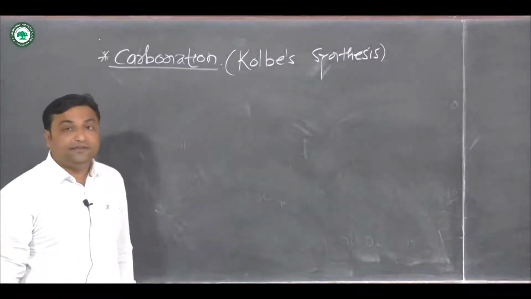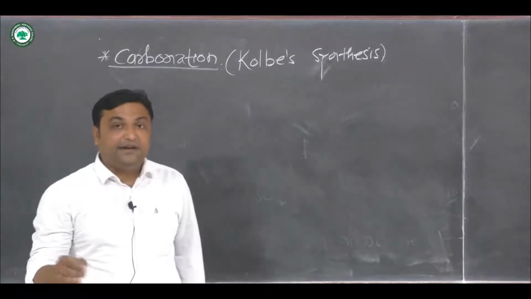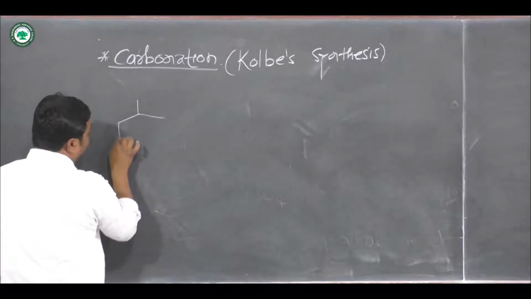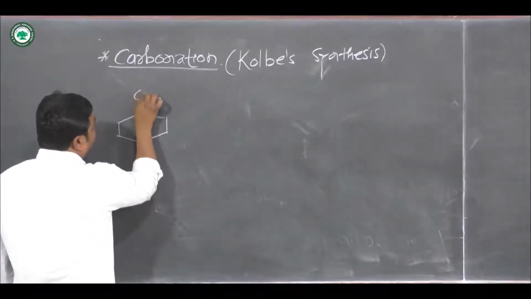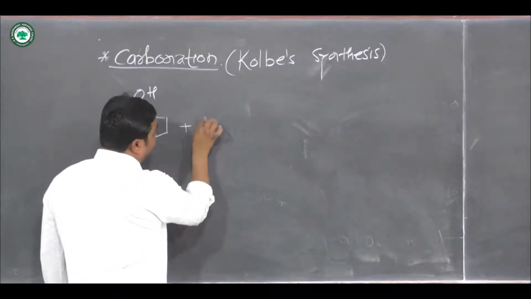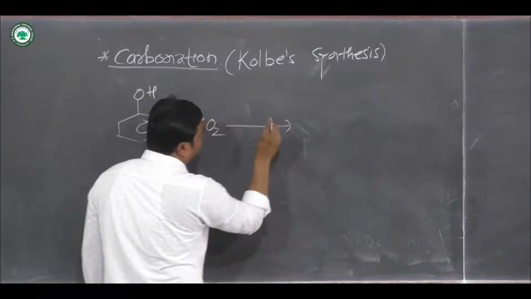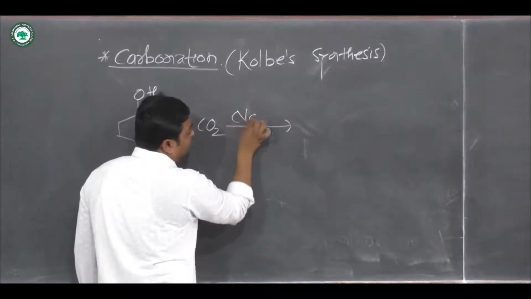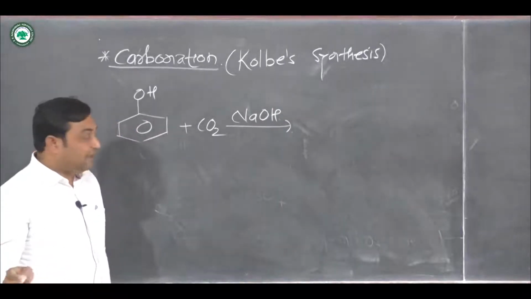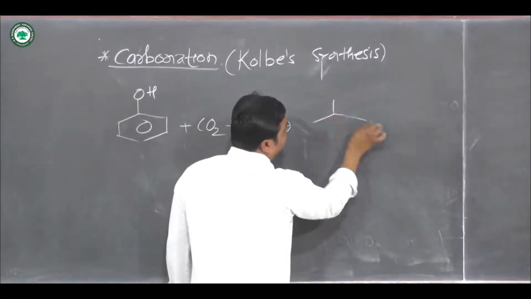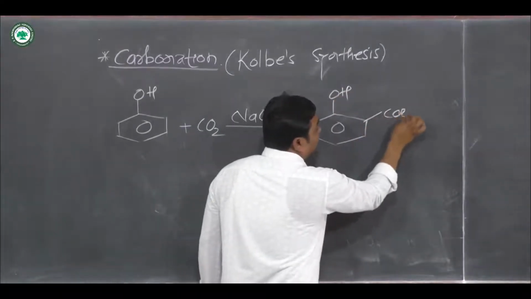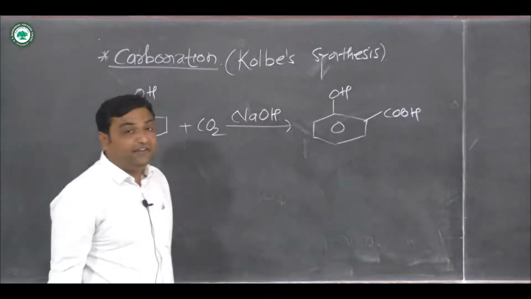In this Kolbe's synthesis, when phenol molecule is treated with carbon dioxide, in presence of base, we obtain salicylic acid as a product, after the acidification condition.